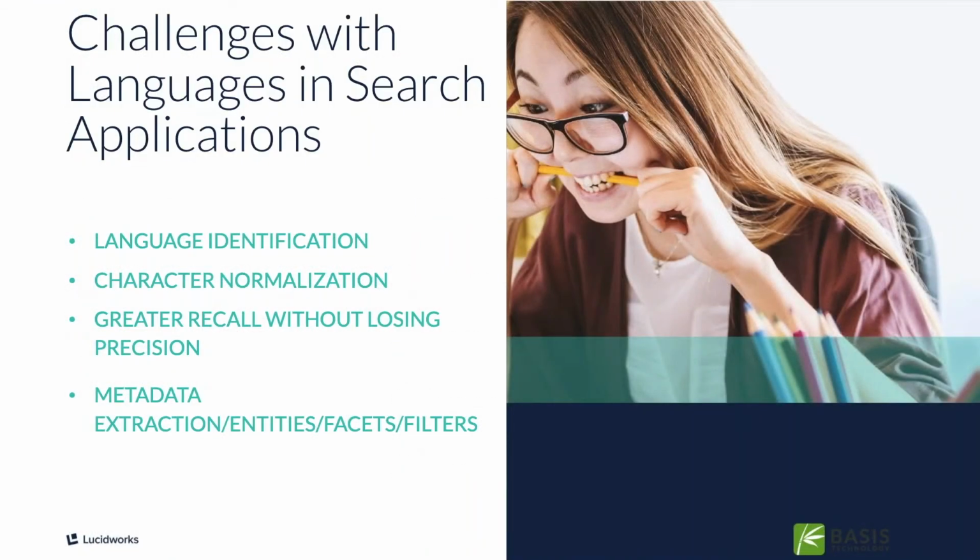So let's talk a little bit about some of the challenges when it comes to text interpretation and data enrichment when it comes to search applications. The four big areas are language identification, character normalization, increasing the recall without losing precision, and finally enriching data and metadata by extracting entities and using them for smart facets and smart filters.